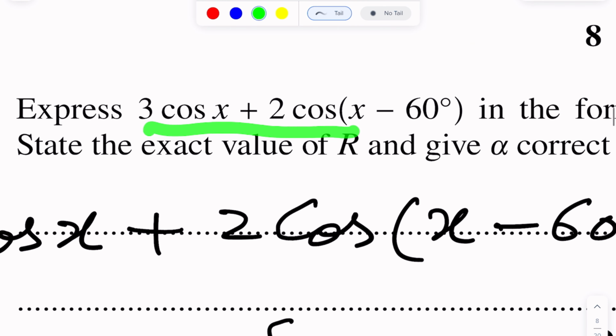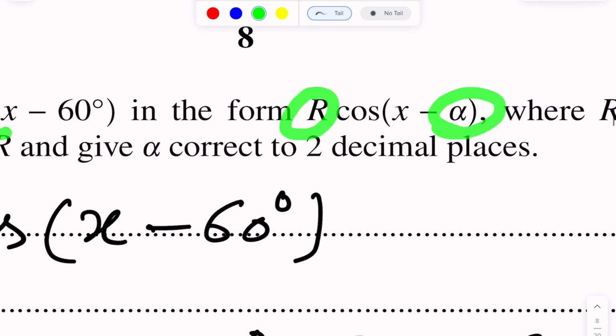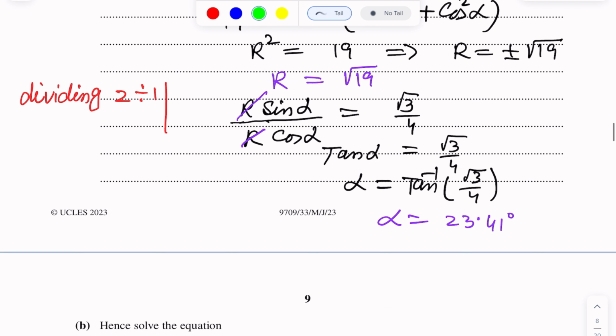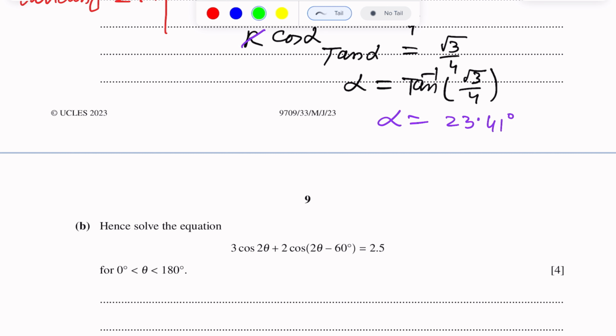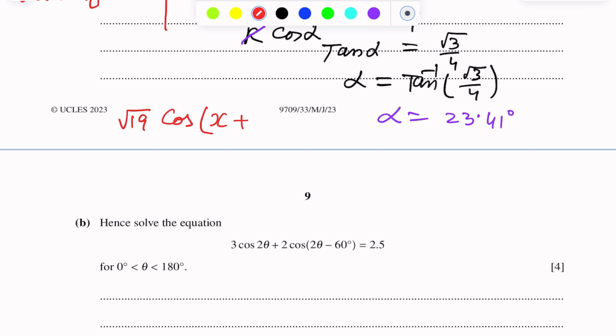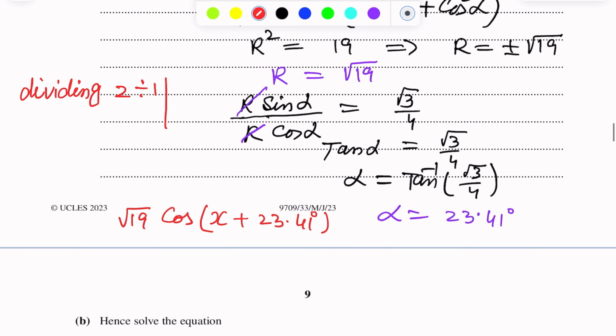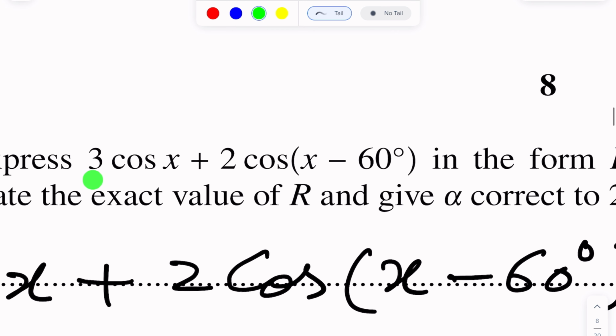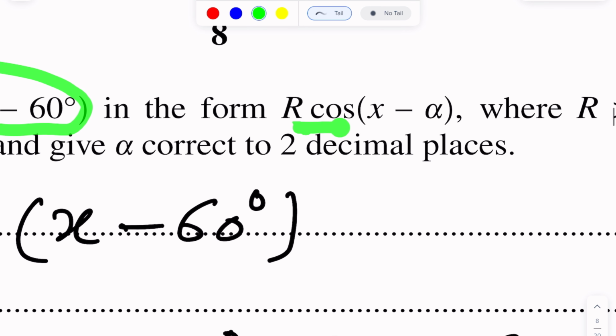This expression will become, putting the value of r and alpha here, root 19 cos(x + alpha), where alpha is 23.41 degrees. Now this expression can be written in this form.